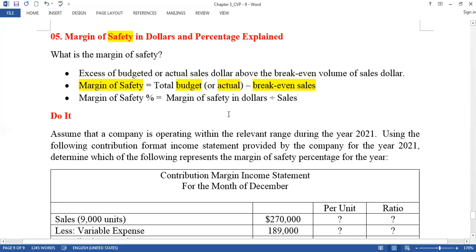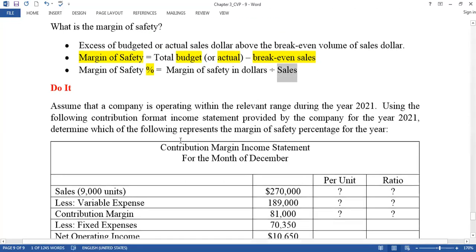Remember how to calculate CM ratio, how to calculate variable cost ratio, everything is divided by sales, right? Same for margin of safety percentage. We already calculated margin of safety, then divided by sales equals percentage. Clear? Now this is your question.